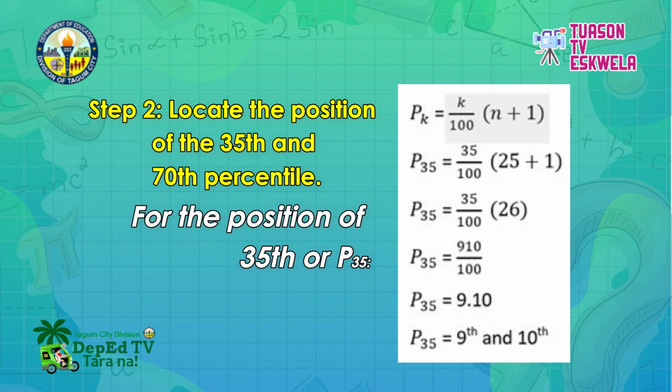Therefore, 910 over 100 is equals to 9.10. So, it is where we find the 9th and the 10th value.